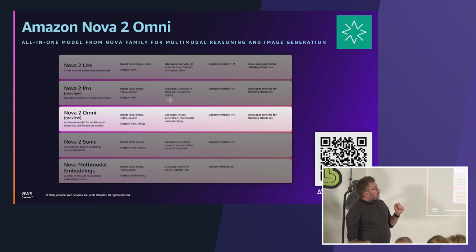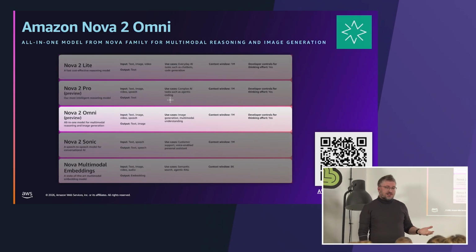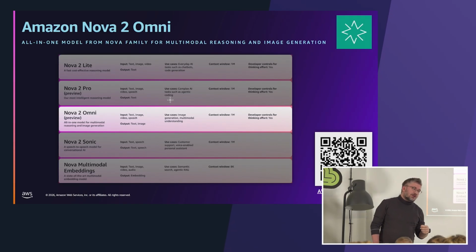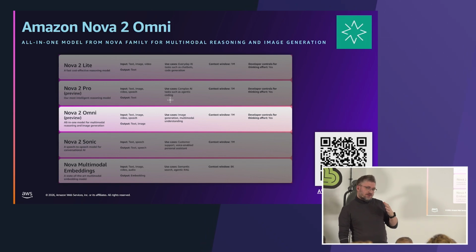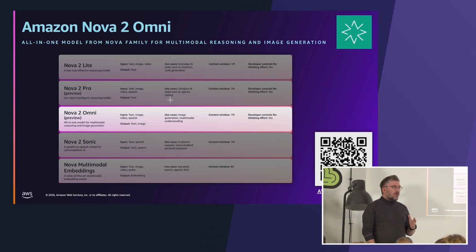Then the totally new model, so it's not the second generation, it's the first generation of this particular model. It's called Nova 2 Omni. That's the first in the industry multimodal model where input and output are both multimodal. You can use text, image, video, and audio as input. Now, if you try to build this kind of modality, you would know that you need to maintain different models. If a user is speaking, we use one model. If the user is writing or sending an image, we use another model.